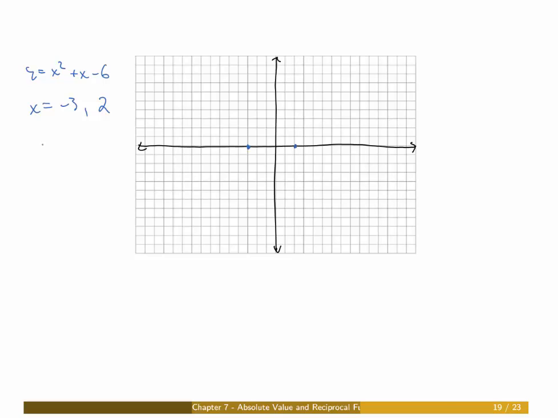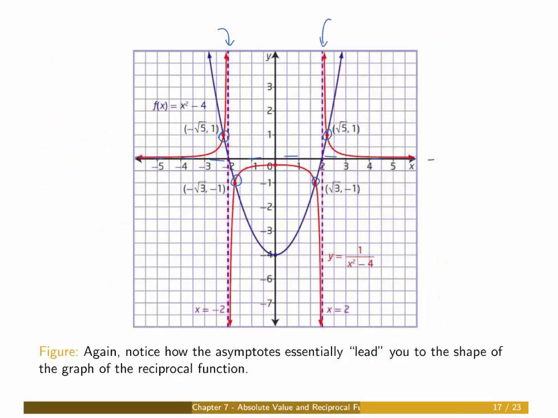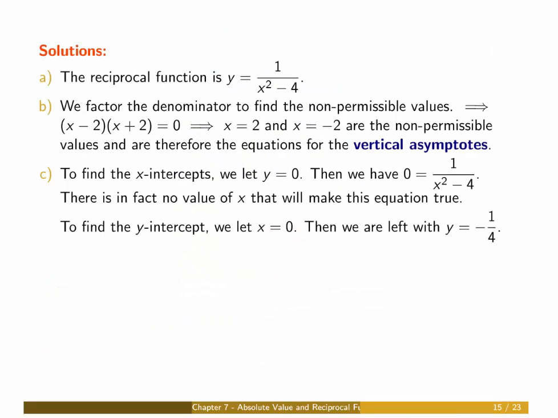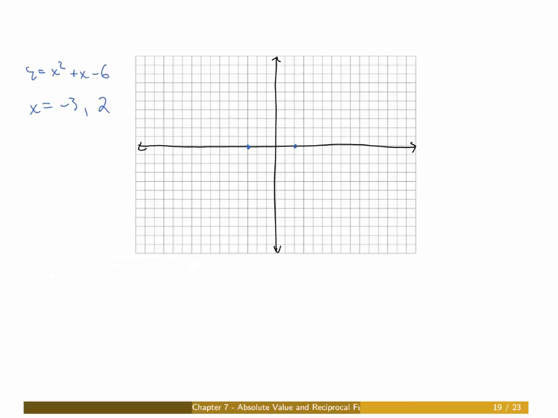Now, if you want to find the vertex, you can see if I go back to this point right here, you're going to be forced to complete the square of this equation, which very quickly will give us the following. We're going to have y equals x squared plus x minus 6.